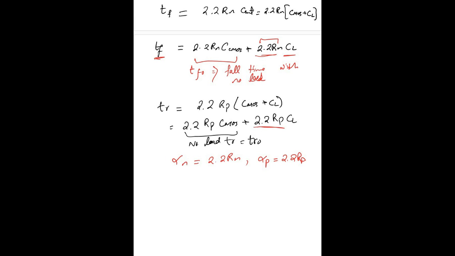So the final expressions can be written as TF is equal to TF naught plus alpha n CL, and sorry, this is TR here, TR can be written as TR naught plus alpha p CL.